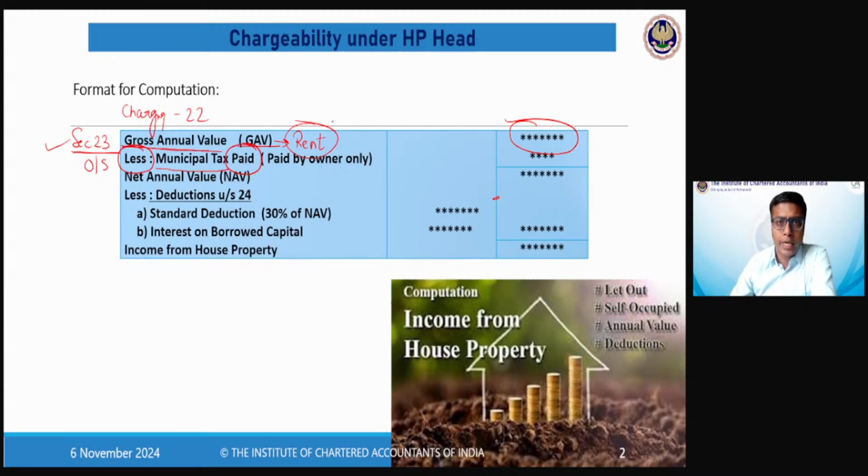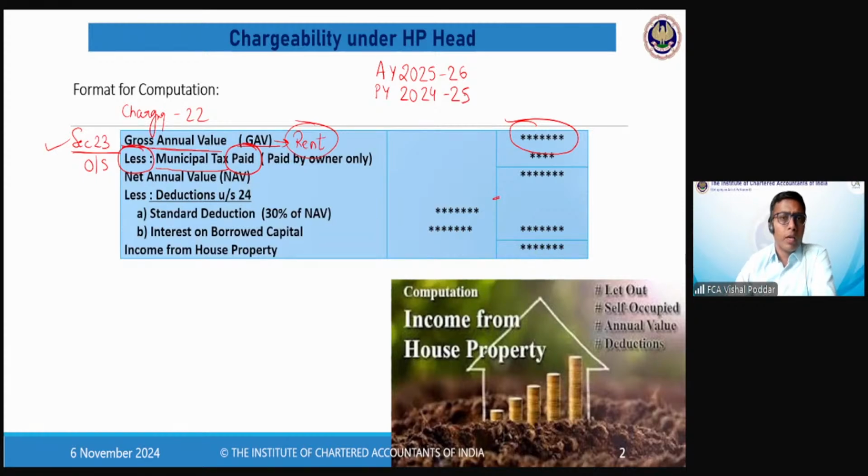Now, please understand the exam we are preparing for is May 2025, correct? So the assessment year will be 25-26. The previous year would be the current year going on, that is 24-25.